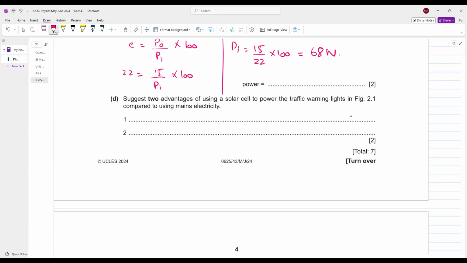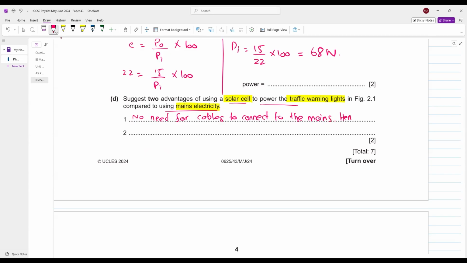State two advantages of using a solar cell to power the traffic warning lights in figure 2.1 compared to using mains electricity. First of all, if you are using a solar cell there is no need for cables to connect to the main supply.